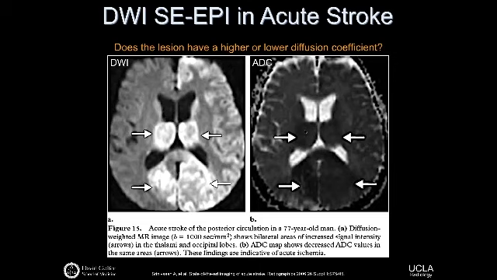And on this map, you can see that the lesion itself is quite dark. And dark means low diffusion coefficient. So water in this particular acute stroke is actually restricted from diffusing and doesn't move around very well. So diffusion weighted imaging has been really important in the diagnosis of stroke.